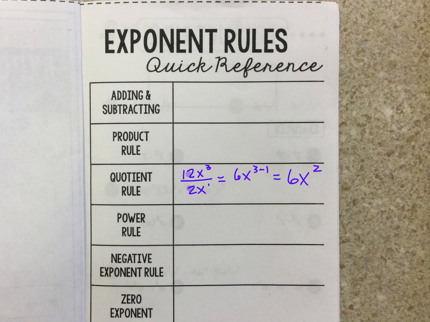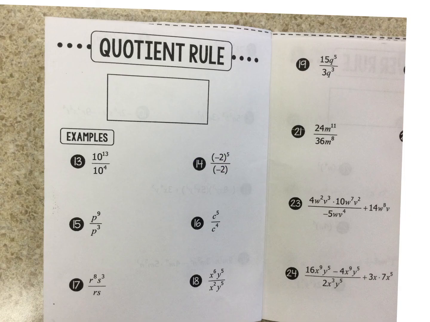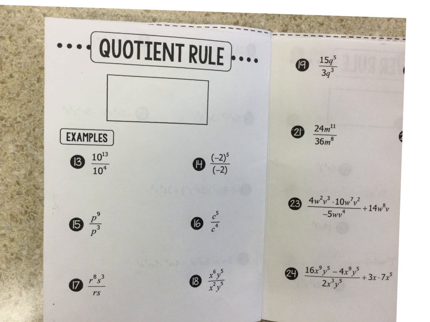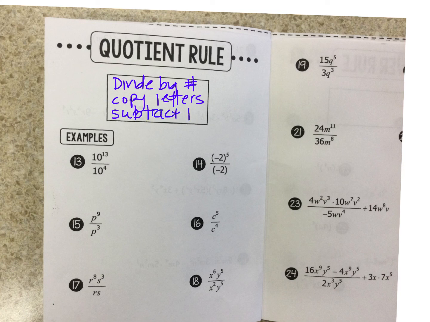Okay? Once you have that copied down, flip over to page 13, and up in the top, I want you to write, divide the big numbers. That's a number sign. Copy variables, copy the letters, and then we subtract the little numbers.